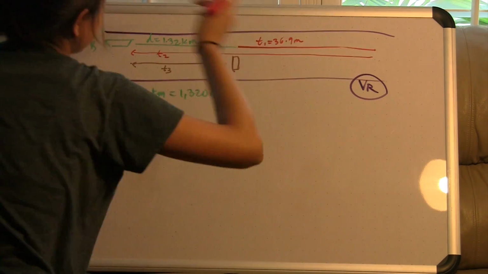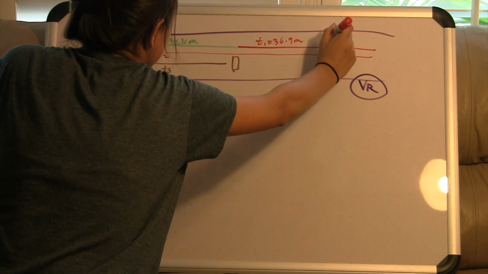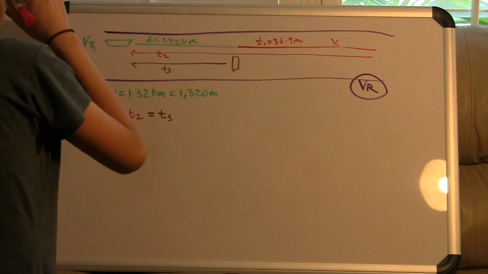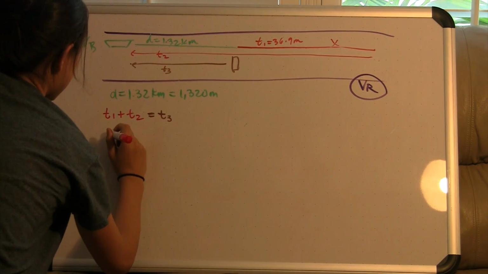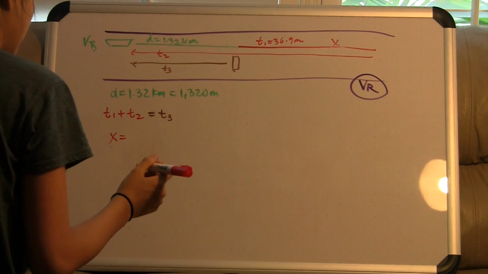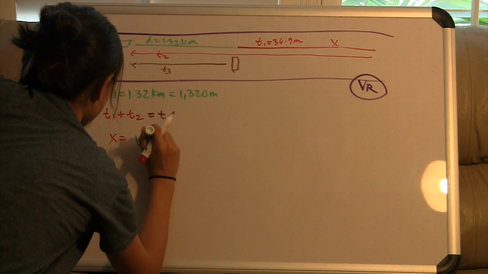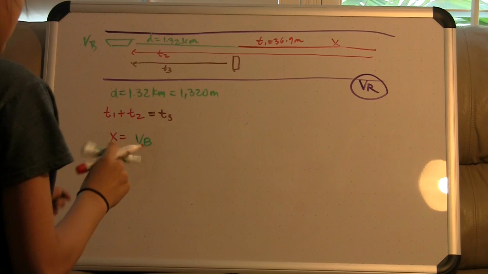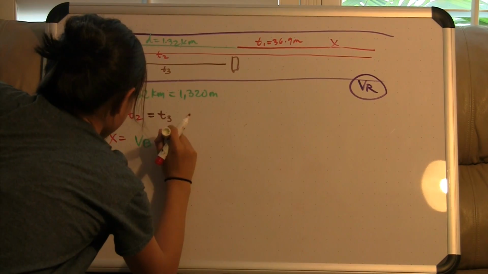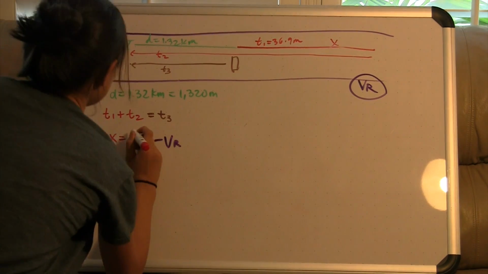Since we don't know how far the boat has traveled from here upstream for 36.9 minutes, let's label this distance as x. So we can create another equation where x equals the velocity of the boat, and since it's going against the current, you have to subtract the velocity of the river.